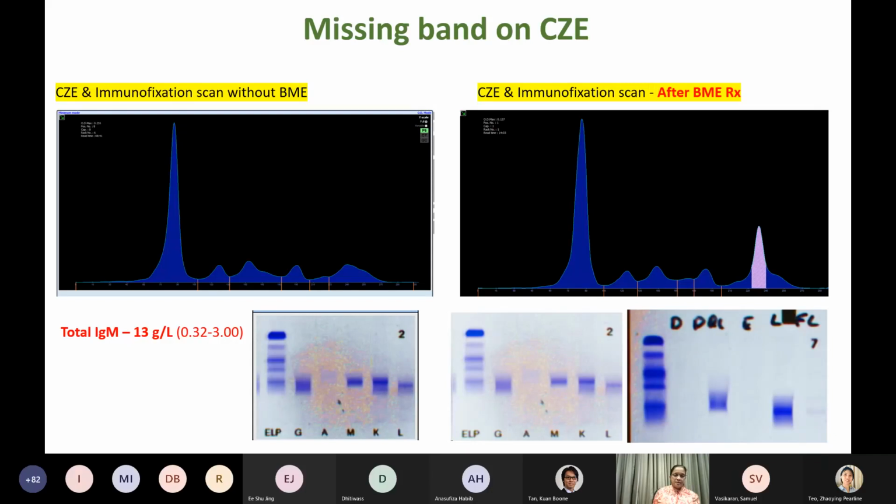Now you can clearly see the peak; the peak appeared after BME treatment. This is the immunofixation after BME treatment, and you can still see the IgM kappa, and the lambda band is free lambda light chain. We used free lambda antisera to confirm that. The concentration measured using the densitometric method was 10 grams per liter, which could be underestimated due to cryoprecipitate, or it could just be the difference between the 2 methods.